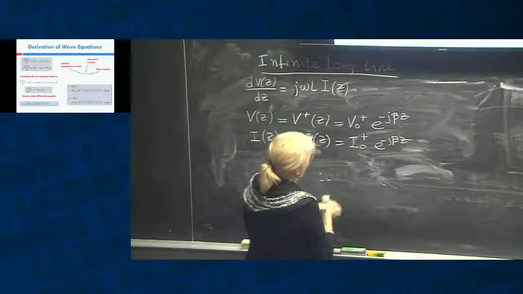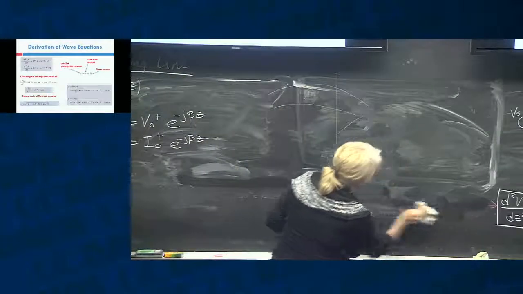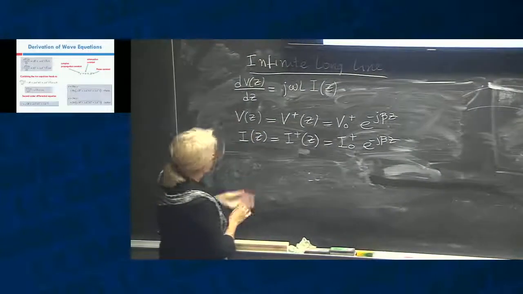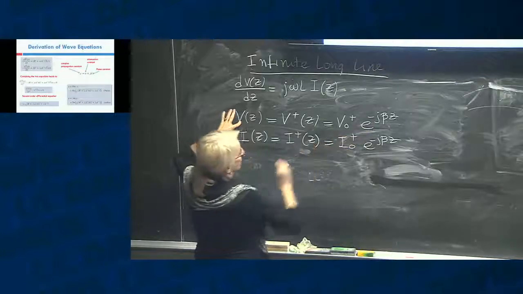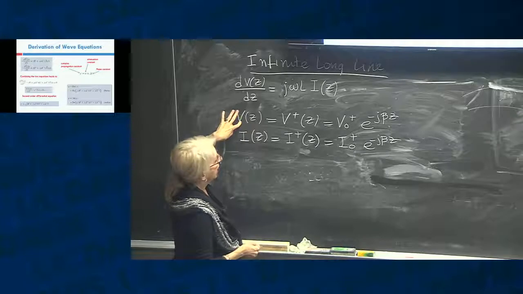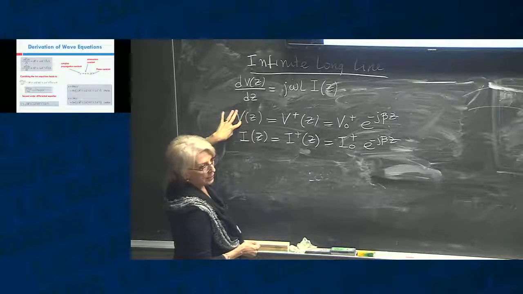And what am I going to do here? I'm going to take these expressions for V and put them back here. So we'll take these expressions of V, and I will take its first derivative. Isn't it V plus e to the positive jβz? No. Both of them are negative that way?